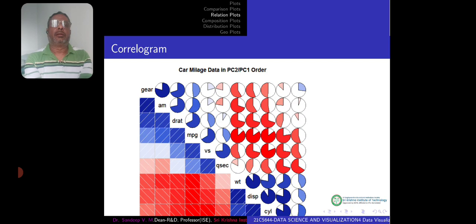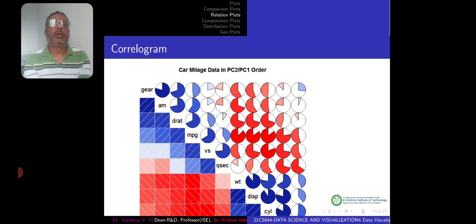So here is one example of a correlogram. Too much information is being dumped onto one plot. The data talks about car mileage. It's trying to compare PC2 versus PC1.